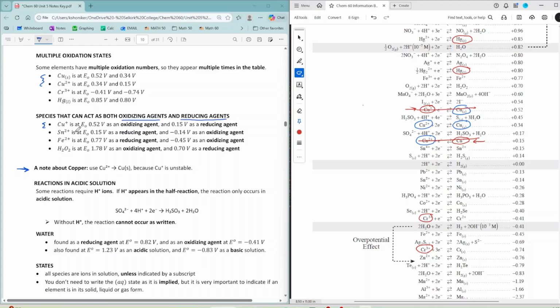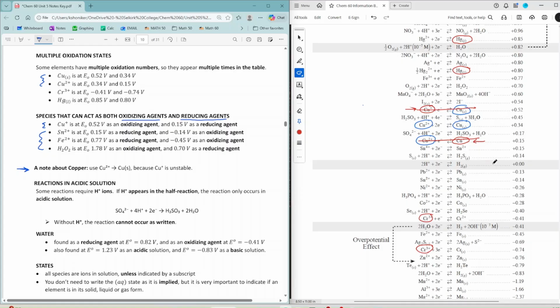And then a couple of other ones that can oxidize and reduce: your tin 2 plus, your iron 2 plus, and your peroxide can also act as both. So just be very careful whether it's asking you for these ones. Be very careful whether it's stating that tin 2 plus is being reduced or being oxidized, or acting as a reducing agent or acting as an oxidizing agent, so that you find it on the correct side of the table.